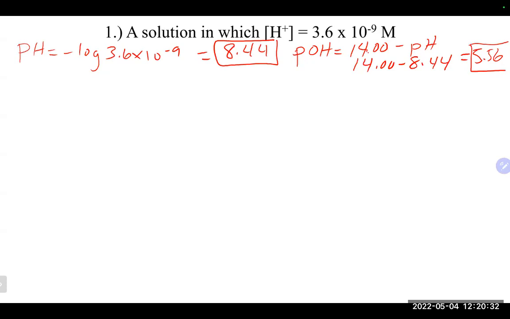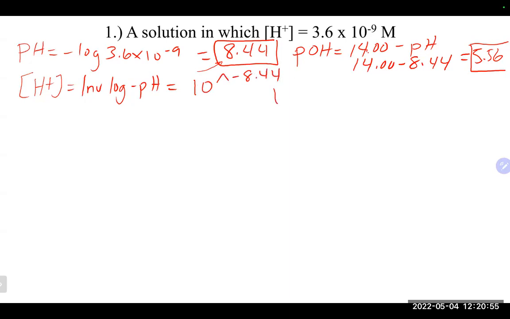Now, because I also have the pH here, I'll just do the new calculation, if you will. I'm going to use it to find the H plus concentration, which would be the inverse log of the minus pH. Again, usually we'll put a 10 and a caret minus 8.44.